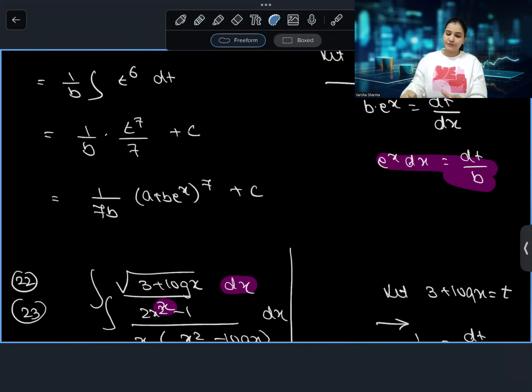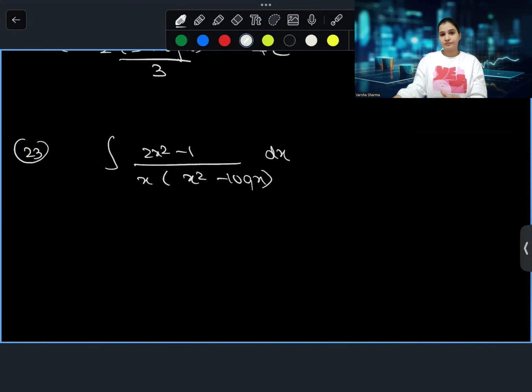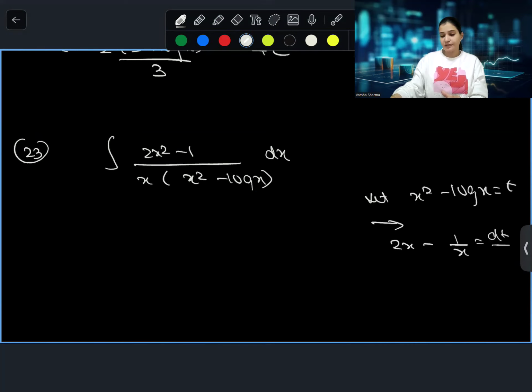23. What should I do? Take x square minus log x as t. Good. So this becomes 2x minus 1 by x. Taking LCM, (2x square minus 1) by x dx will be dt.